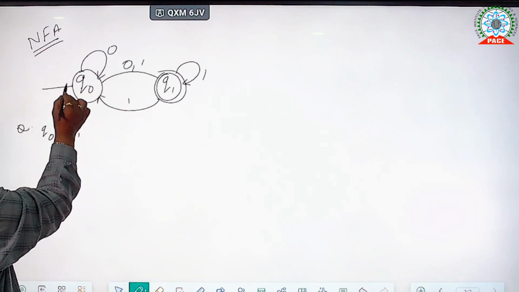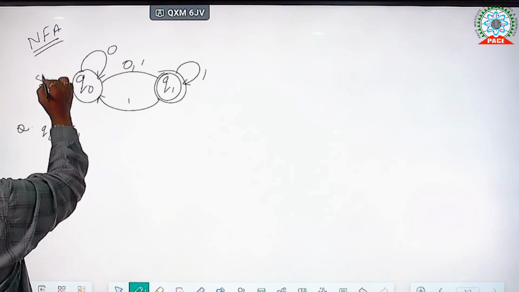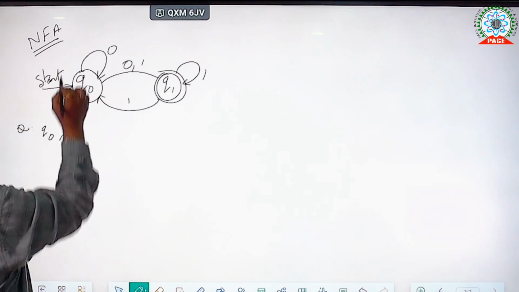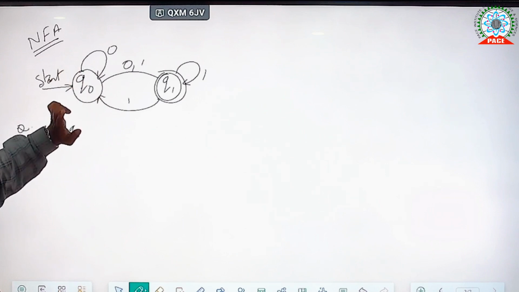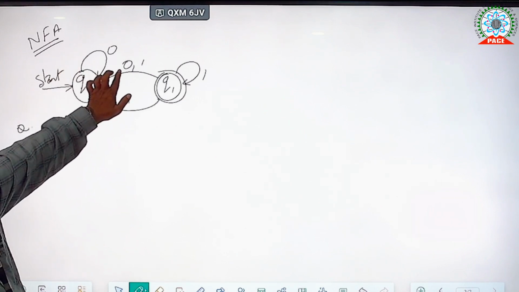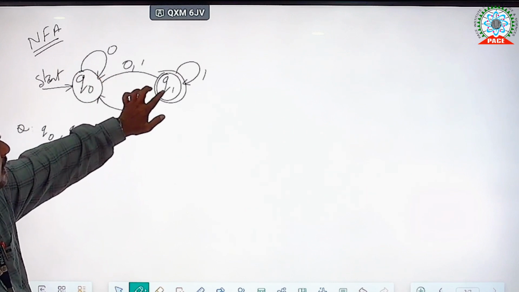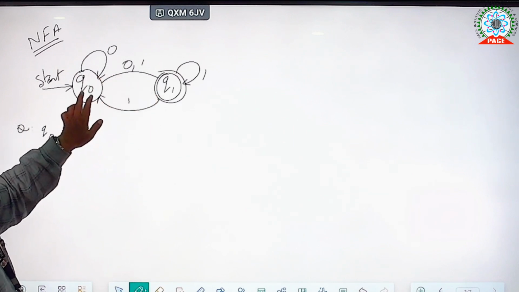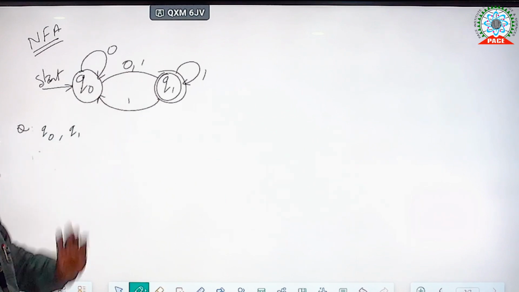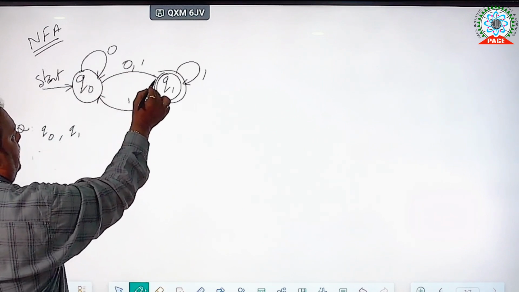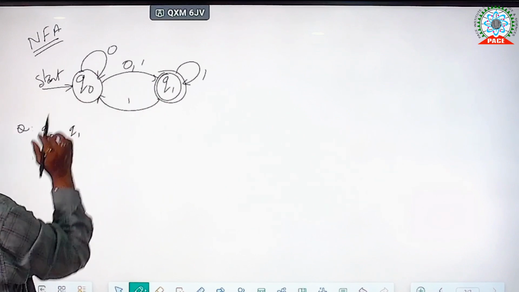Q0 is the starting or initial state. The 0 has a self transition for Q0, and at the same time, with 0 as input, Q0 reaches Q1. Again, Q0 has a 1 transition that goes back to Q0. In this way the diagram is represented.